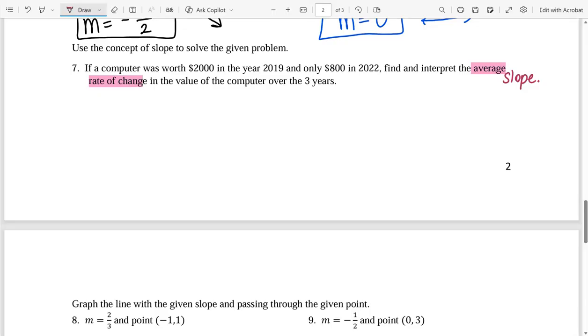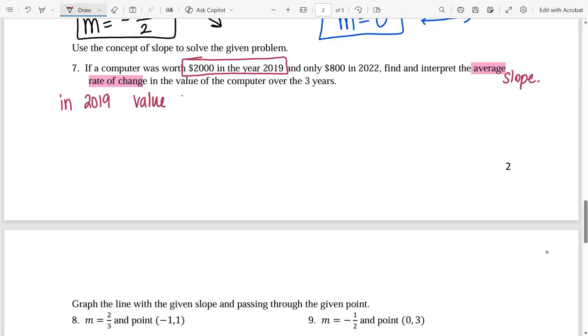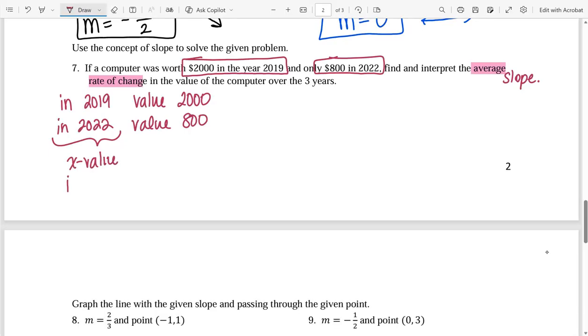Now, in order to do that, they had to give you 2 ordered pairs, or two situations where my variables are connecting. That's what they're doing for you right here. They're saying that in 2019, my value was 2,000. And in 2022, my value was 800. So as ordered pairs, time is our X values because those are independent.